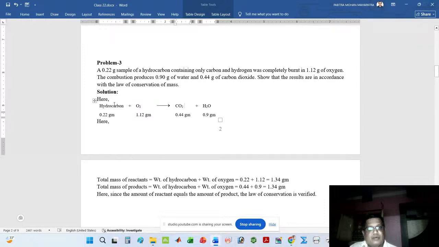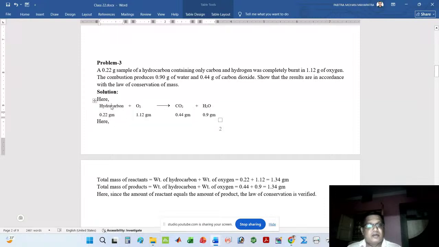In the hydrocarbon, there is no oxygen present. So the products formed here, carbon dioxide and water, completely depend upon the oxygen provided as the reactant. All the oxygen comes from the oxygen gas.